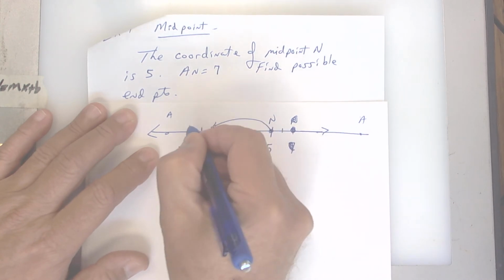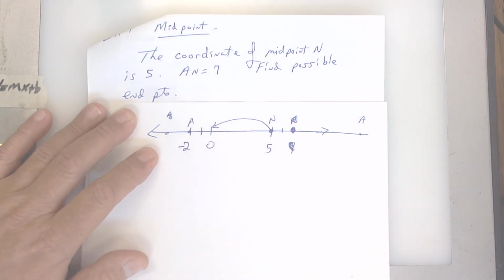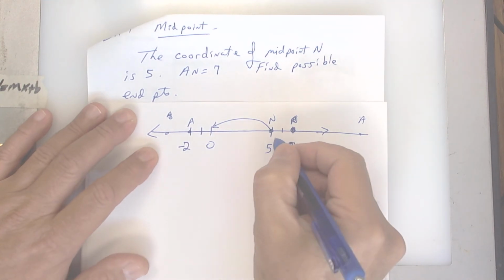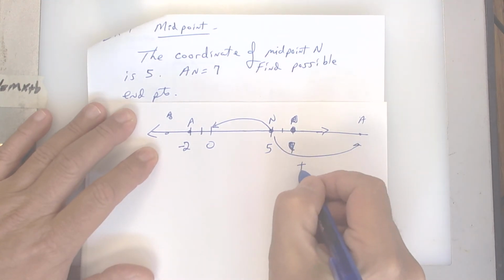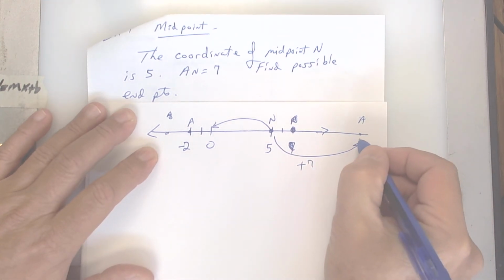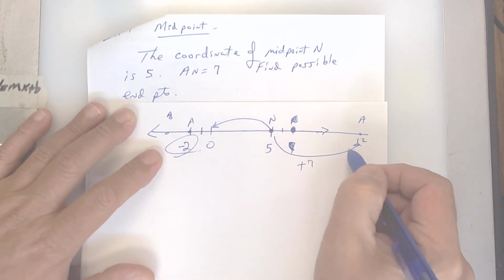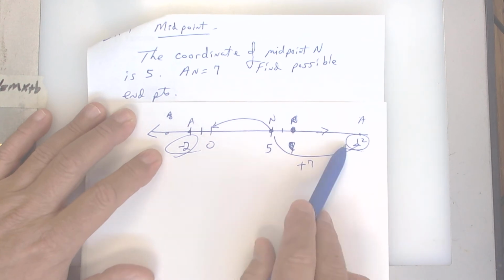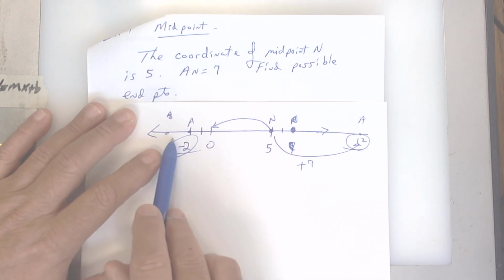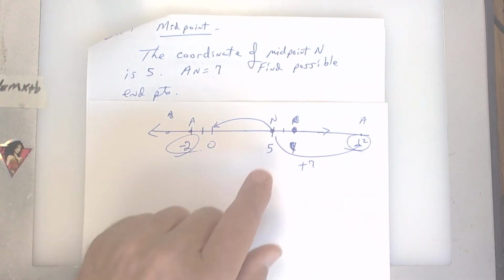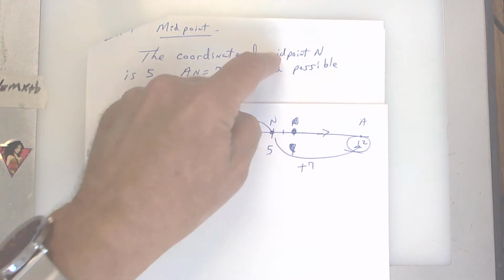So one possibility would be A is -2. The other possibility would be to add 7. So 5 plus 7, it would have to be 12. So the two possibilities would be -2 and 12. And either one of those gives you 7 steps from point N, and N is a midpoint.